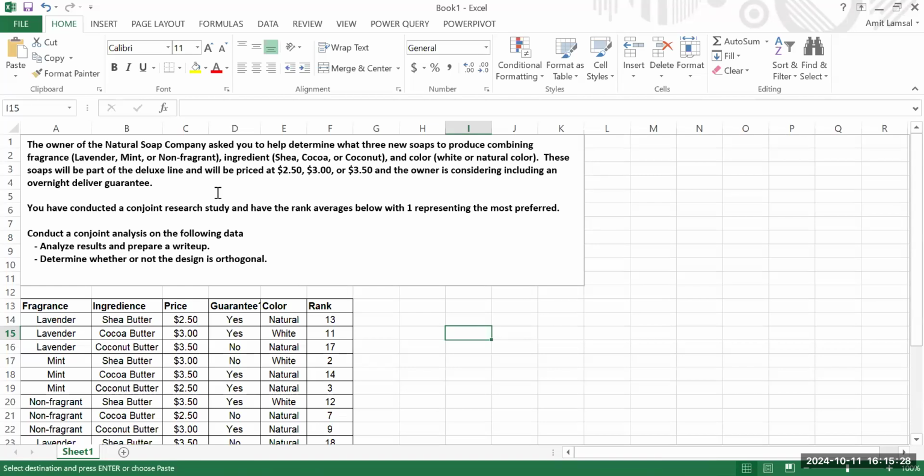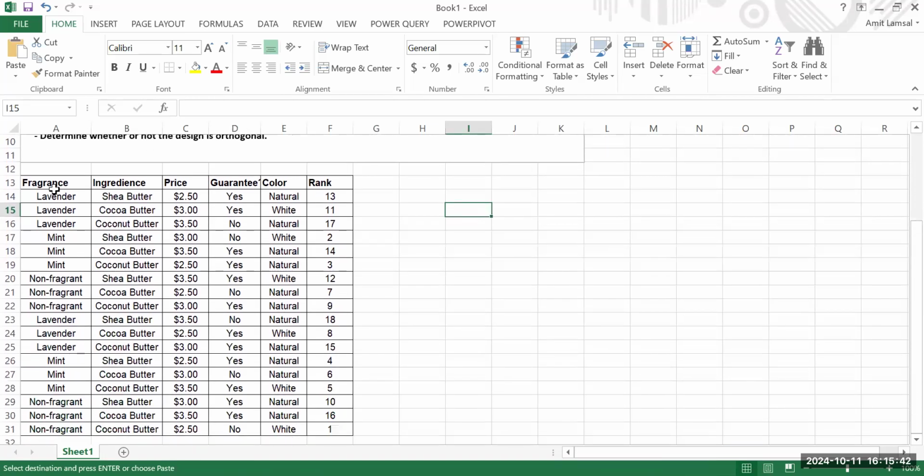So from the question, we need to conduct a conjoint research study and have the rank averages below, with one representing the most preferred. So let's start. Here in fragrance, you can see that there are three attributes: lavender, mint, and non-fragrant. In ingredients, you have shea butter, cocoa butter, and coconut butter.